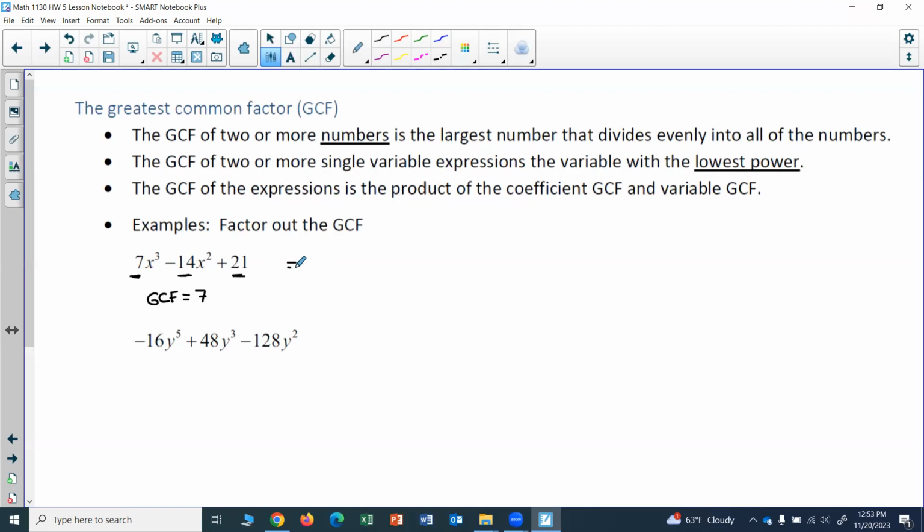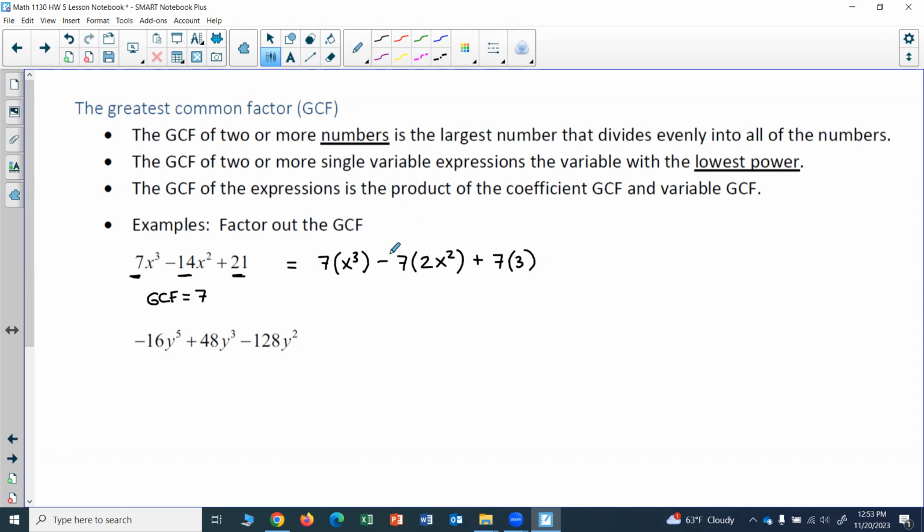And so what I can pull out is a 7. Now, let me go ahead and write this as 7 parentheses x cubed minus 7, and what would be left of the 14x squared? Well, 7 times 2 gives me 14, so this would be 2 and then x squared. And then the 21 could be written as 7 times 3.